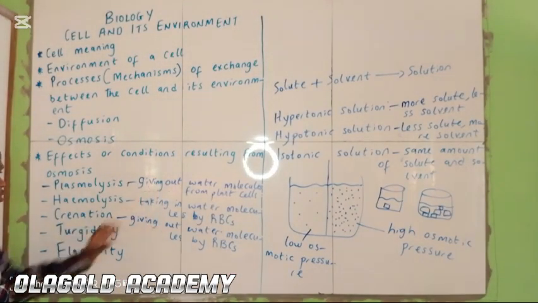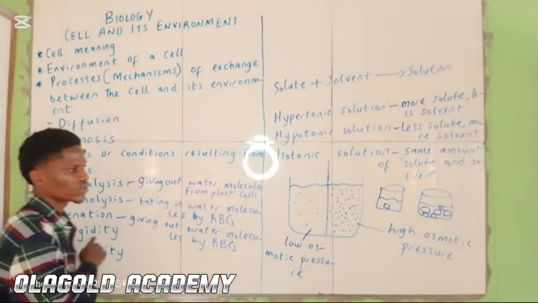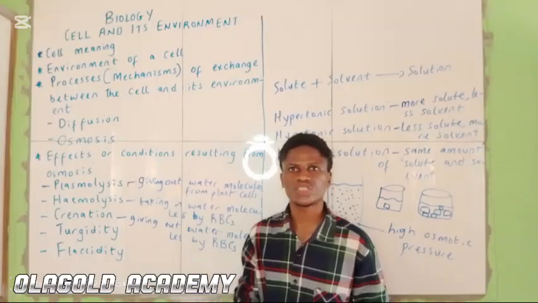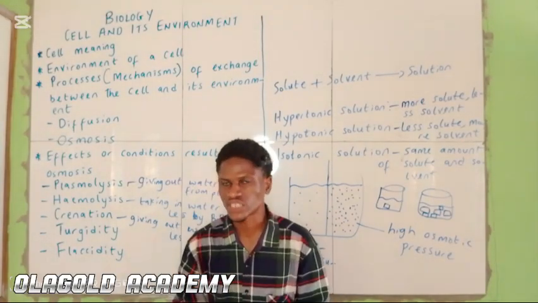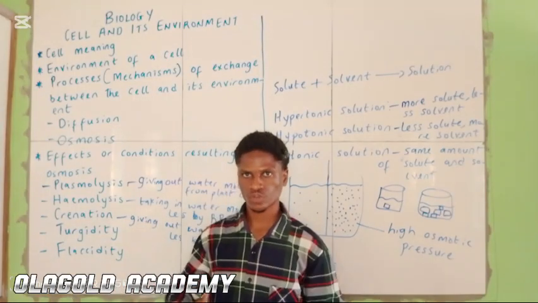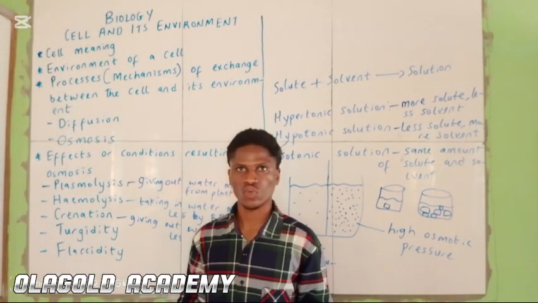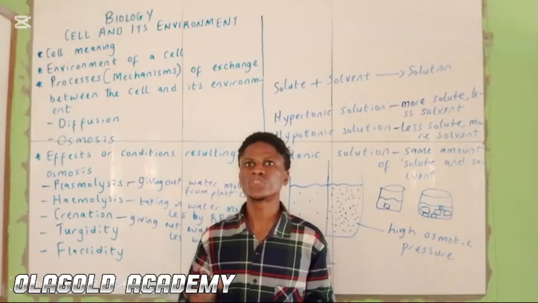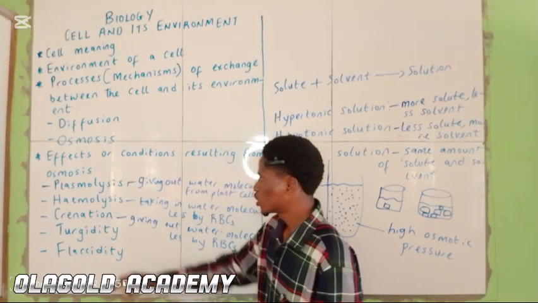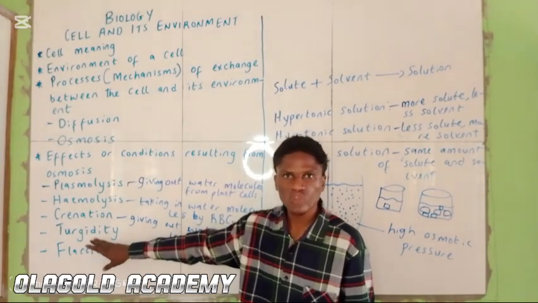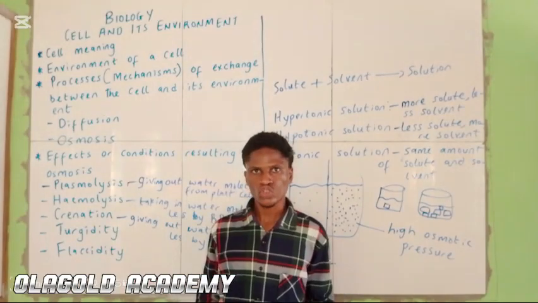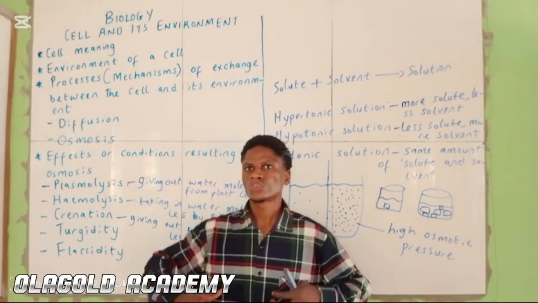So that is this. Now we have the next thing. The next one we are having is turgidity. Now what is turgidity? Turgidity is the taking in of water molecules by plant cells to form what we call the turgor pressure.